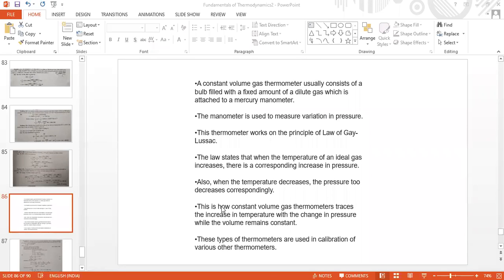And before that, the constant volume gas thermometer is to be calibrated, and that calibration is done at the triple point of water. The triple point of water is 0.01 degree centigrade or 273.16 Kelvin.